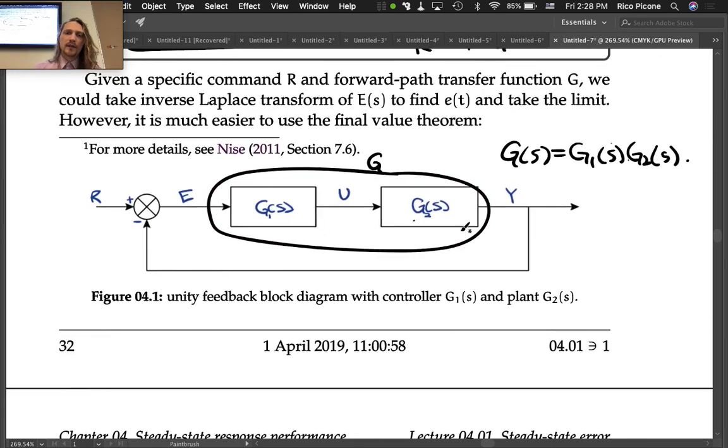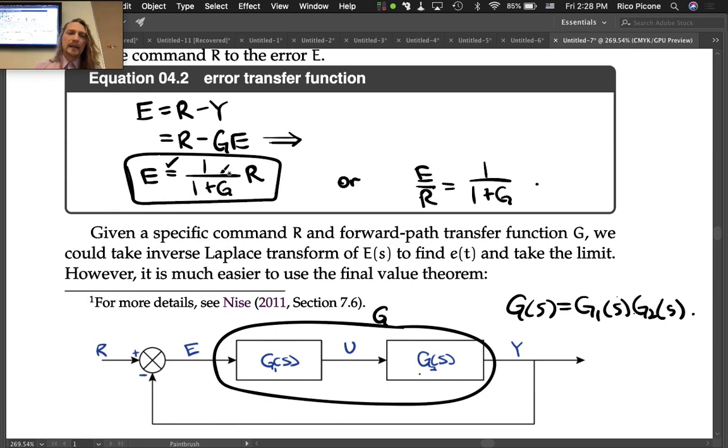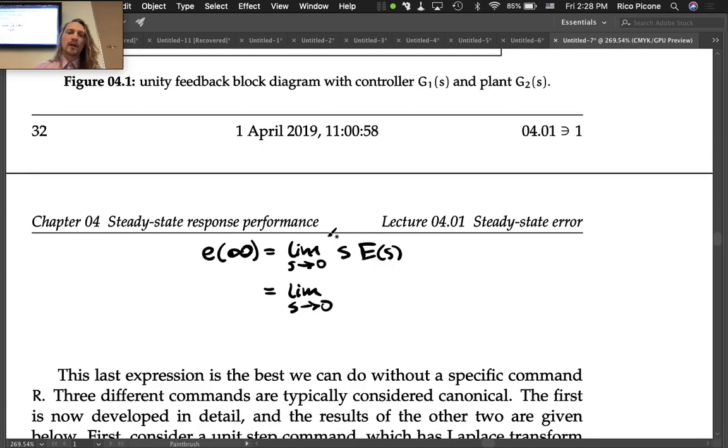It is e equals 1 over 1 plus g times r. So I'll put the s that's multiplying it in the numerator. So it's s over 1 plus g, which I'll put in g as an explicit function of s here just to remind us, because we're taking a limit as s goes to 0, times r of s.